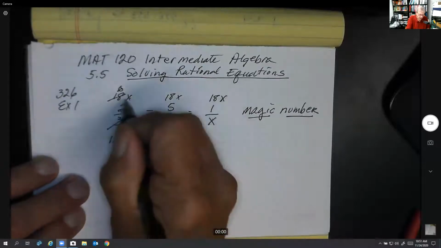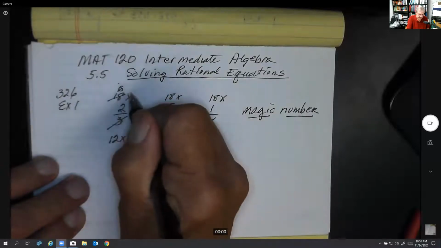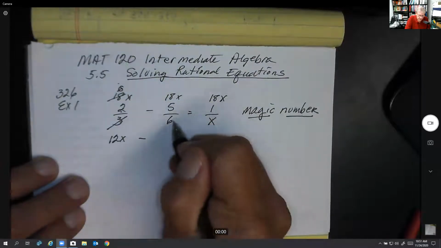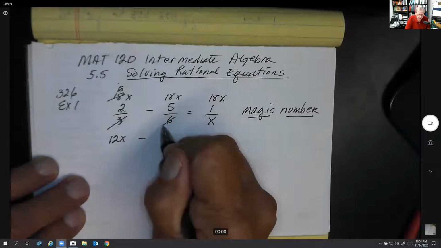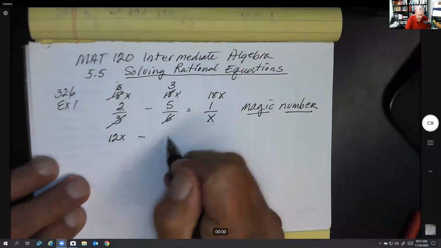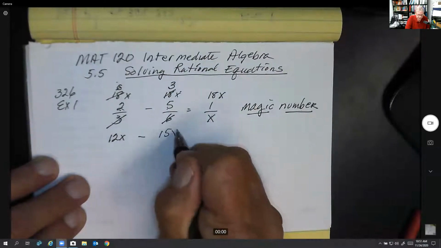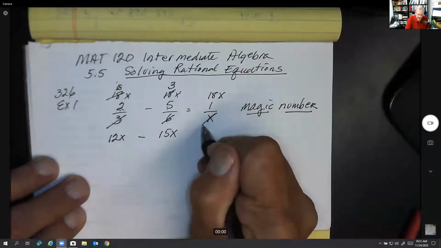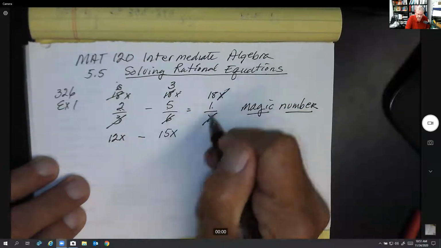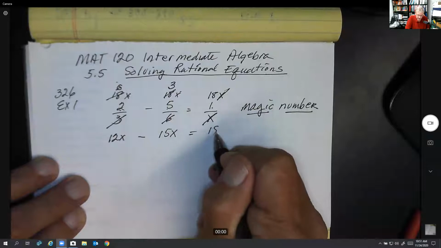I'm multiplying all these together, 6 times x times 2. Don't forget to write down the x, though. 6 divides into 18 3 times. 3 times x times 5, 15x. The x cancels out the x, so I just have 18 times 1 is 18, no x.